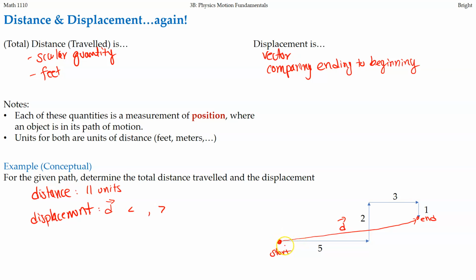In terms of angle bracket notation, I've gone 5 units, and then from here to here there are 3 more units, so the horizontal component is 8. For the vertical, you might guess that it's going to be 1, because we went up 2 and then came down 1. I'd also like this vector represented in terms of magnitude and direction.